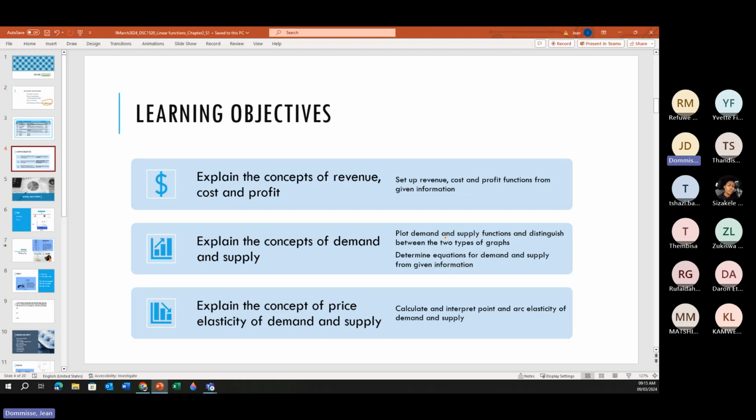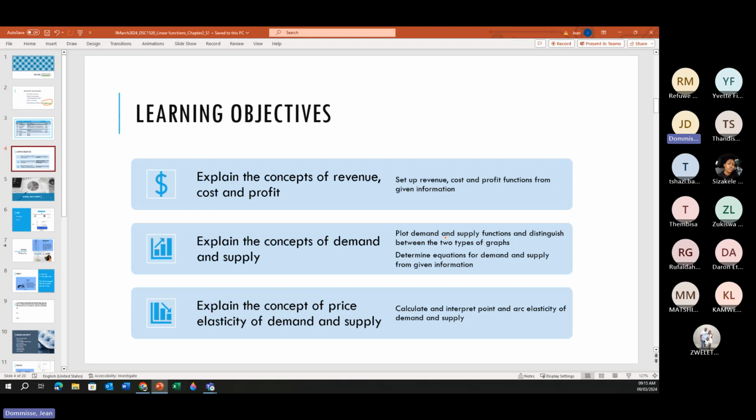And then the last part is the concept of price elasticity for demand and supply. I will share this presentation afterwards in any case, but when we get closer to the exam, I will clearly show on that formula page which one is which, because they will ask you an elasticity question in the exam.